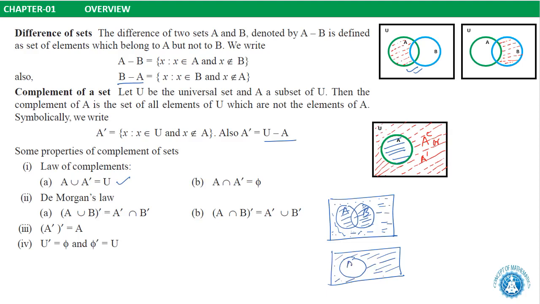Suppose A, and B complement will be represented by this one. So what will be the intersection?